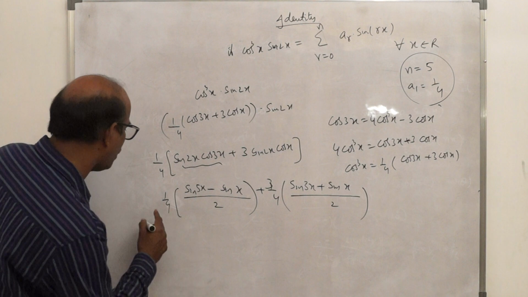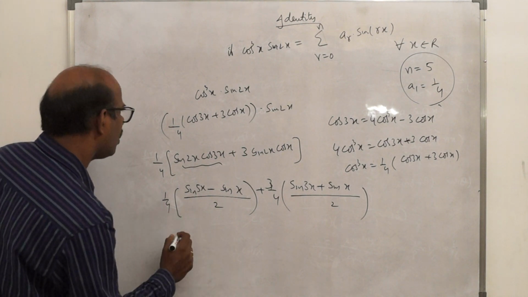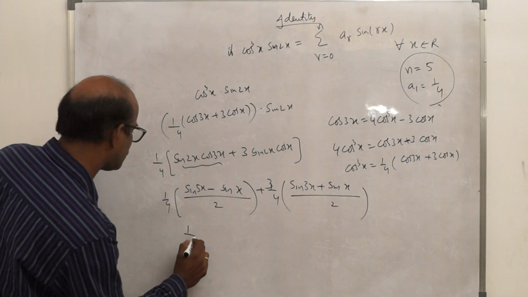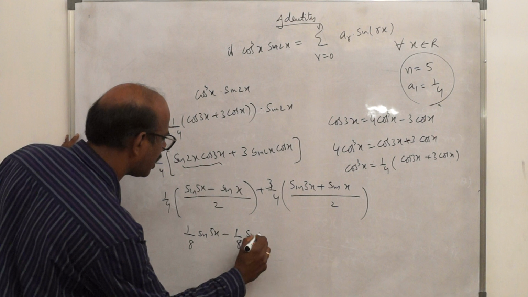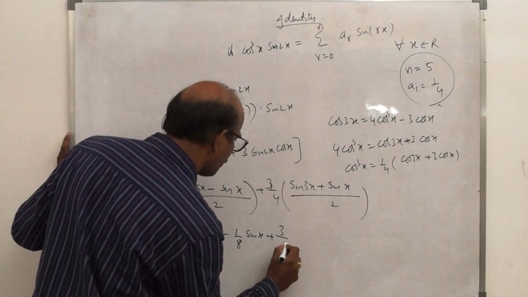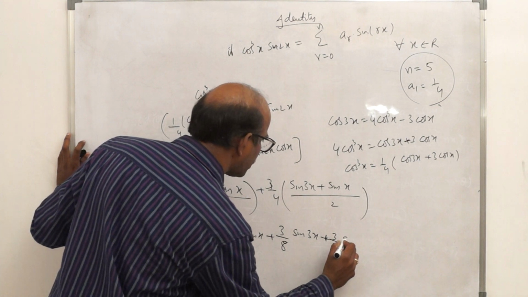Right. Now it will be 1 by 4 and 1 by 2 like this. If I multiply, it will be 1 by 8 sin 5x minus 1 by 8 sin x plus 3 by 8 sin 3x plus 3 by 8 sin x.